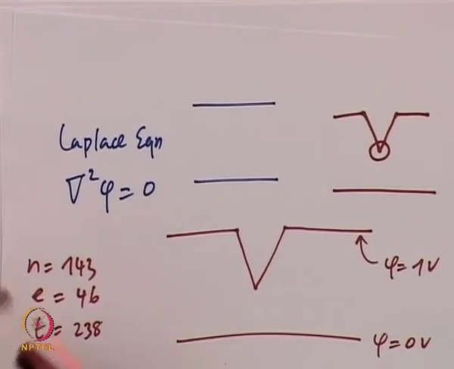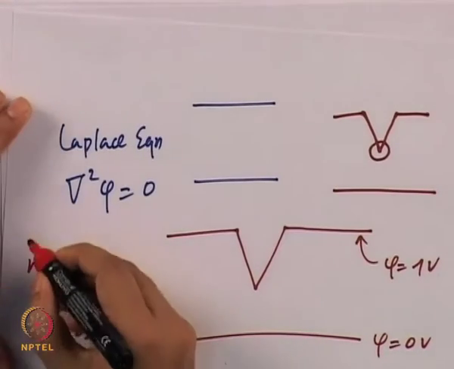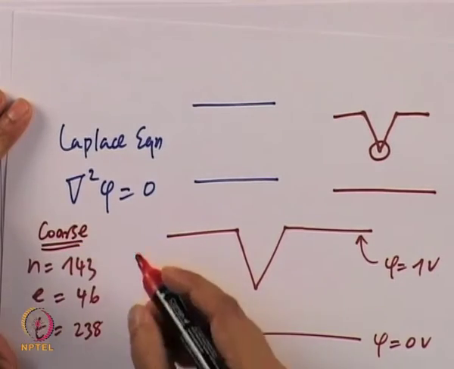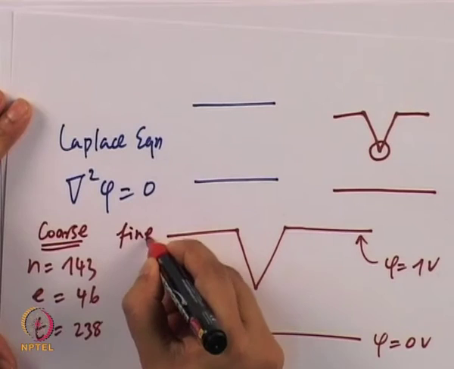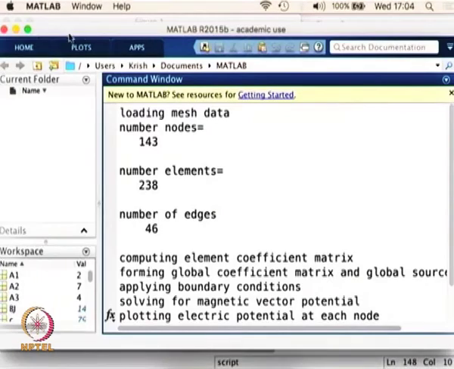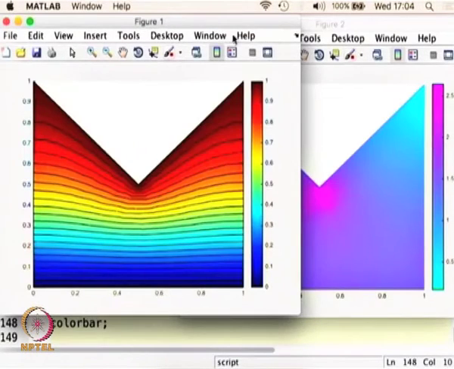So this has been done for the coarse grid, and we will do a fine grid example where we will see the number of nodes, edges, and triangles are going to change, but let us see the result itself and see what the result is telling us.